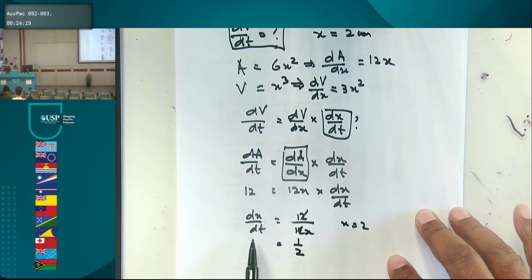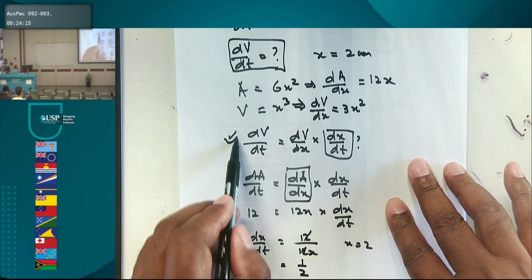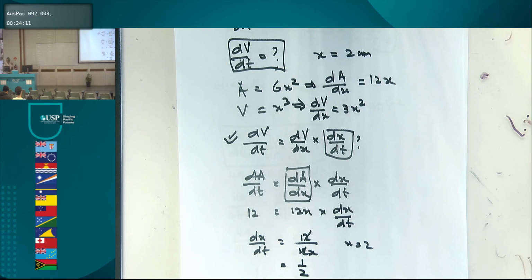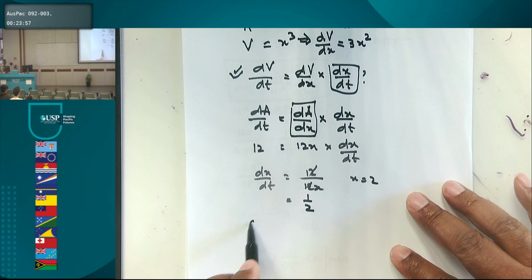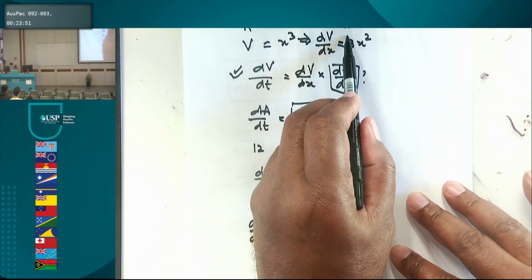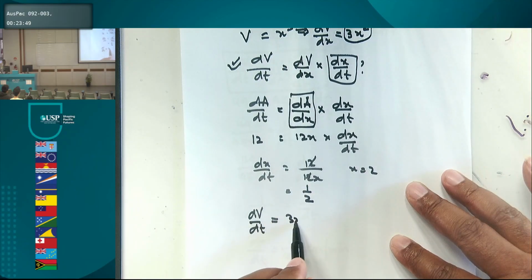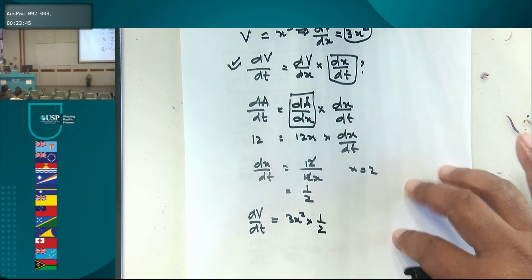Now that I've got the value for dx over dt, I will now work out the rate of change of volume. Go on, finish that off. So dV over dt equals dV over dx times dx over dt, which we now know is half.